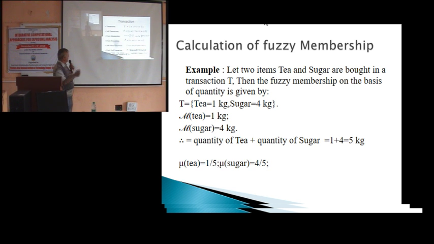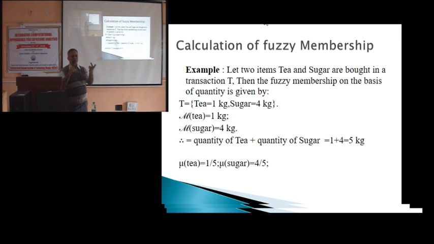The next slide will come in a few seconds. So the measure is a quantitative measure of the item in the transaction. Let's say tea and sugar sell together. When you buy tea, you also buy sugar. So what is the possibility of tea and sugar bought together?